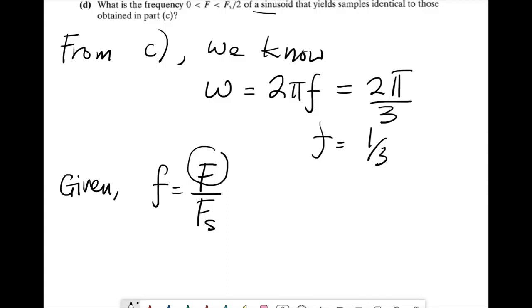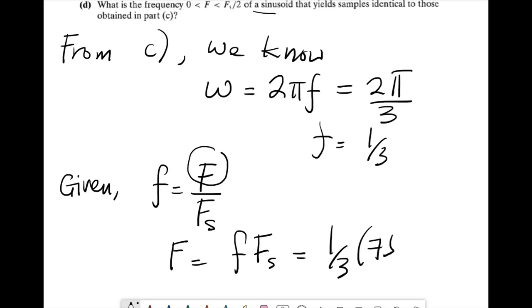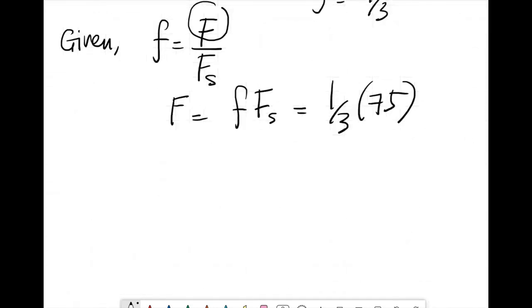So F equals small f times Fs equals 1 over 3 times 75. Okay, this will give you 25 Hertz.